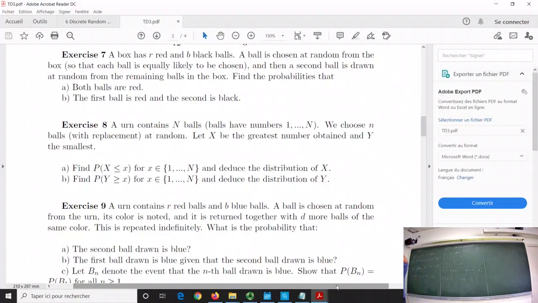So now, as I said, I have an intersection to compute, the probability of an intersection. I am okay to do this when I have independence. So using the independence, the probability I am interested in, the probability of an intersection, becomes the product of the probabilities because they are independent.